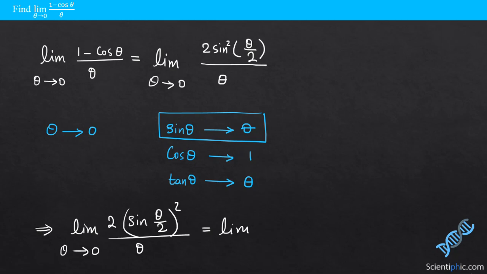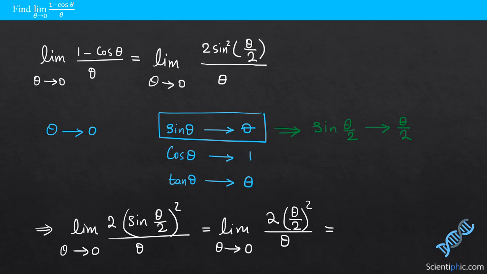So basically from this, sine of theta over 2 is equivalent to theta over 2. So that would be the limit of 2 times theta over 2 squared, over theta when theta goes to 0.